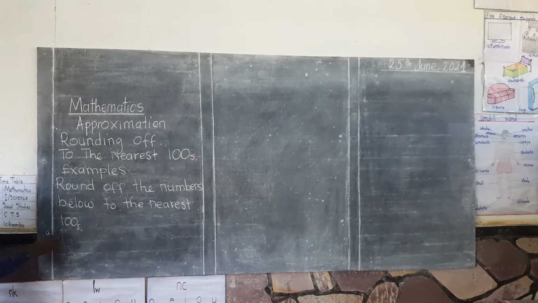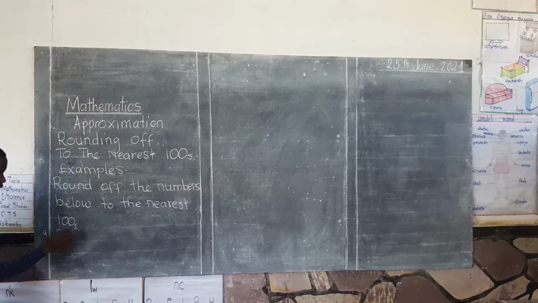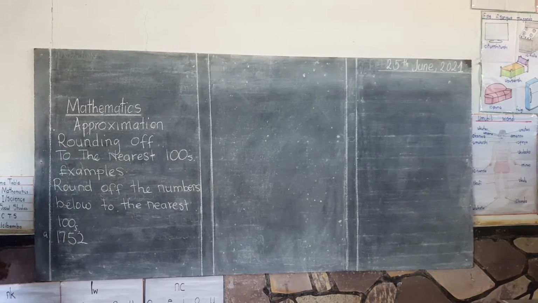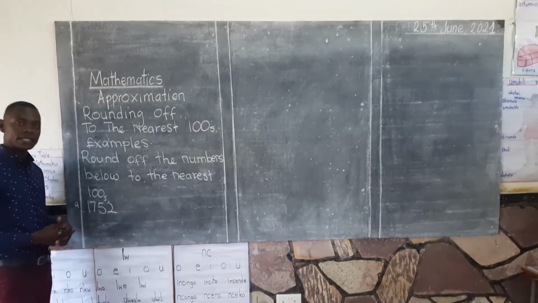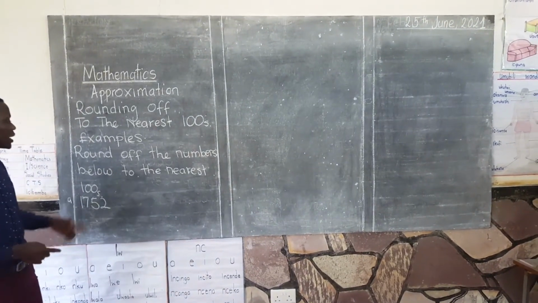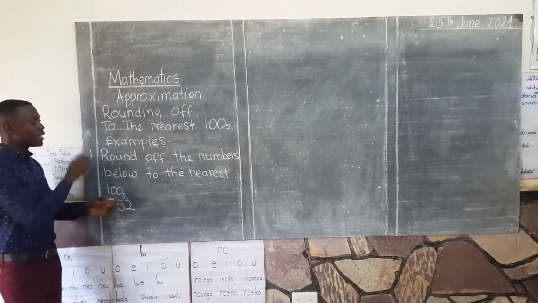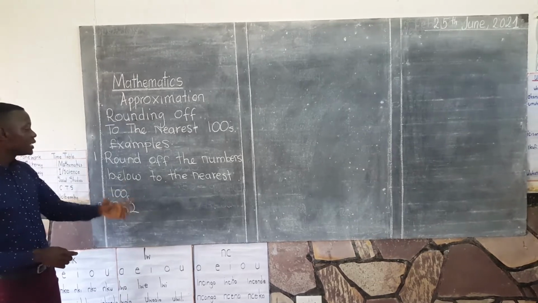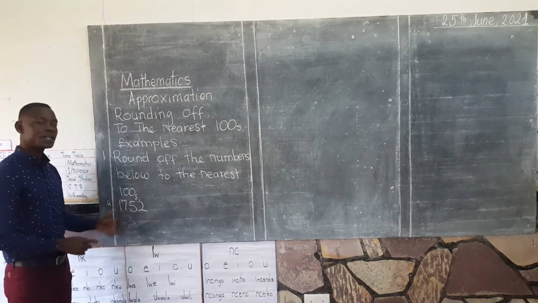We have 1,752. This is our first example. You are told to round off the following numbers to the nearest hundreds.